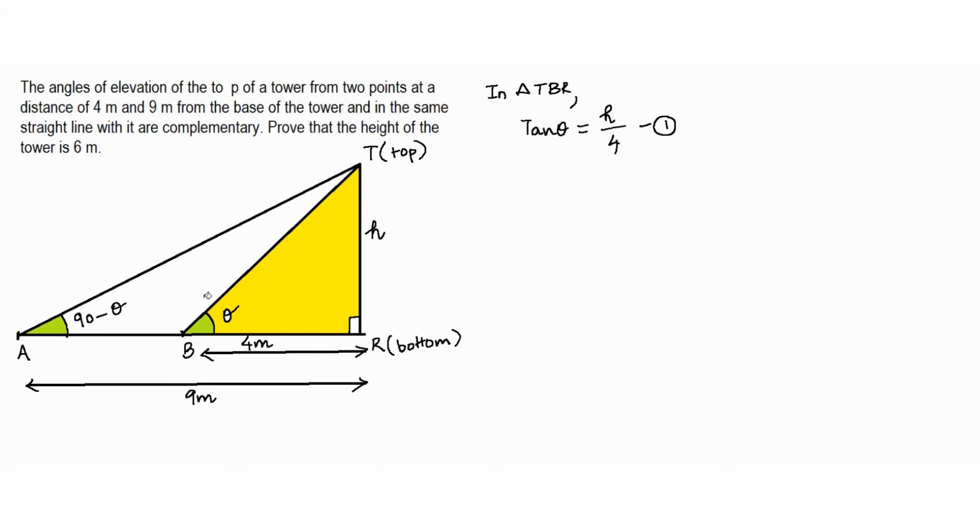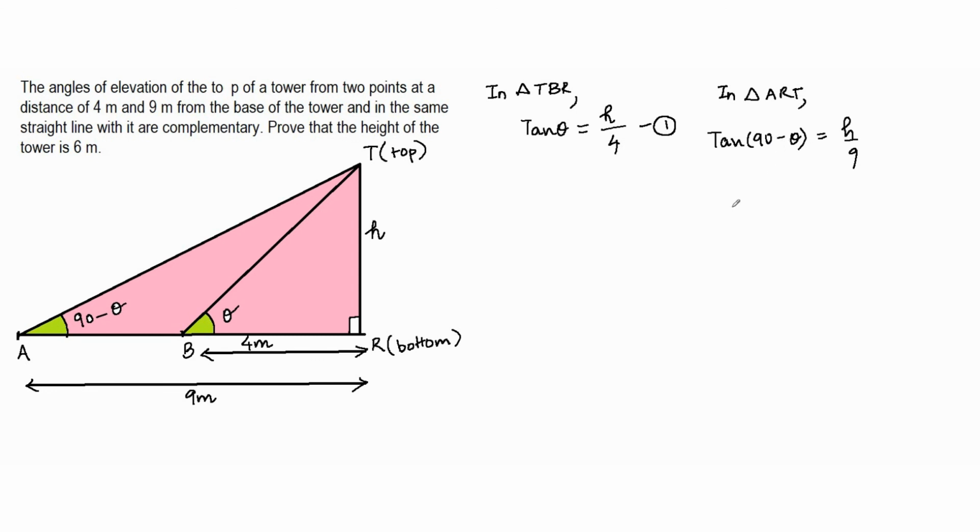I cannot pick the triangle ABT because it is not a right angle triangle, but I can pick the triangle ART. So in triangle ART, tan of 90 minus theta is going to be h upon 9. The whole length is 9.